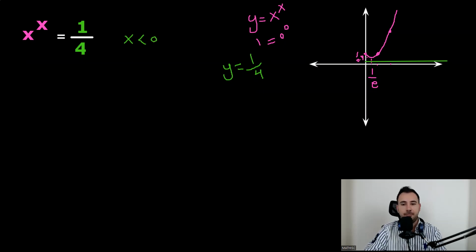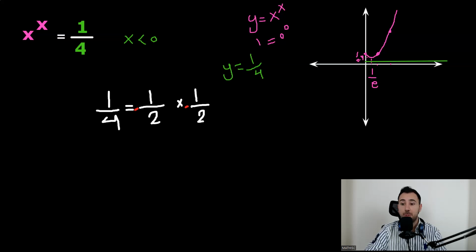Do you agree that I could write 1 over 4 as 1 over 2 times 1 over 2? Or I could also write it as negative 1 over 2 multiplied by negative 1 over 2, right?